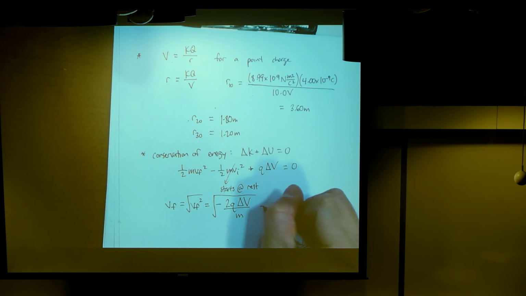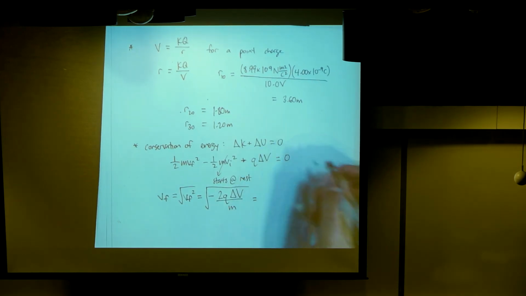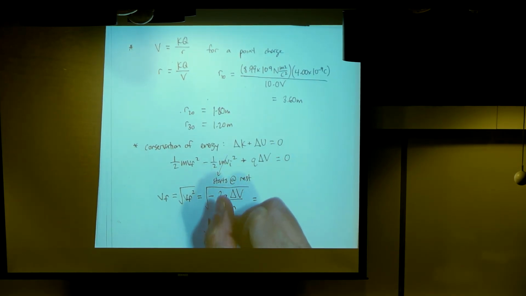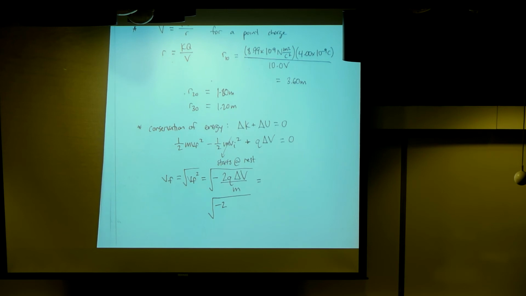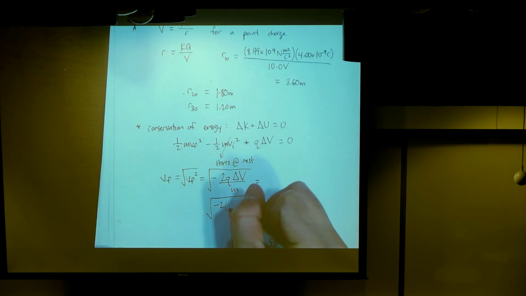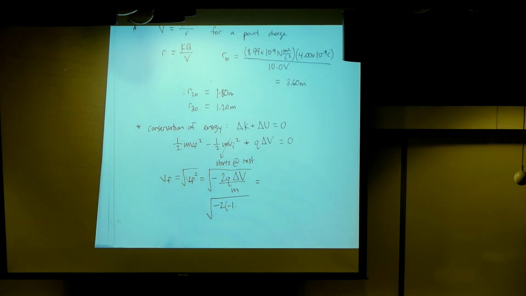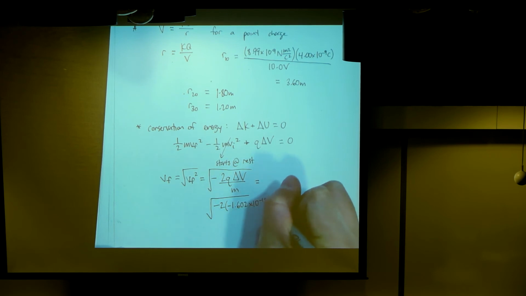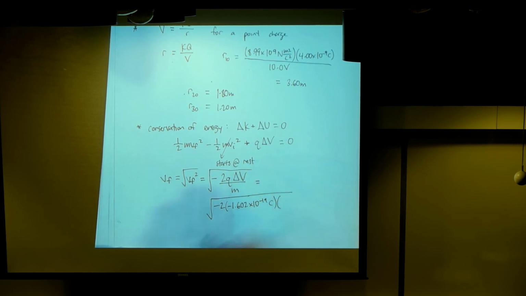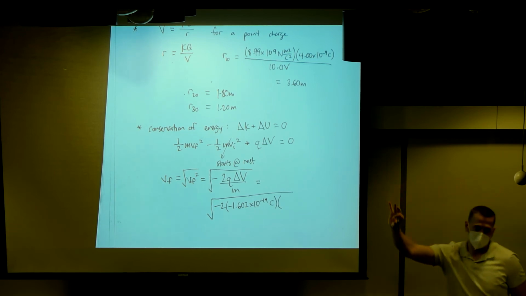Let's put in the values that we know. So we have under the radical, minus 2, and then Q represents the charge of our electron. So for that, we're going to have to put in a negative Q, that's minus 1.602 times 10 to the minus 19 coulombs. Okay, delta V, that's our change in potential. Remember, we're going from the 10 volt line to the 30 volt line.